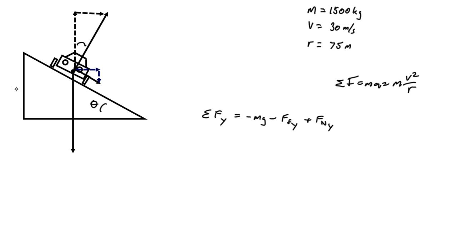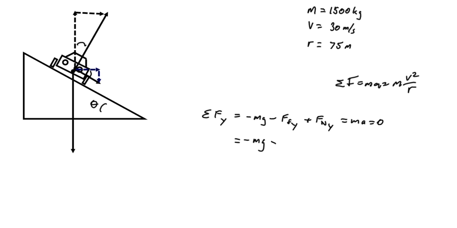then that means that this here is theta, and this here is also theta. So let's break those down. That means, and of course, by the way, this is equal to ma, and in this case, in the vertical, it is equal to 0. All right, so that means that we have negative mg. We have the force of friction in the y direction.